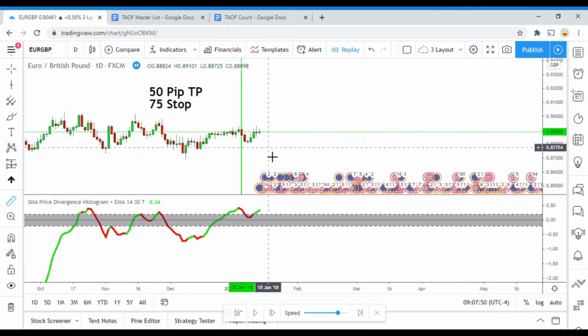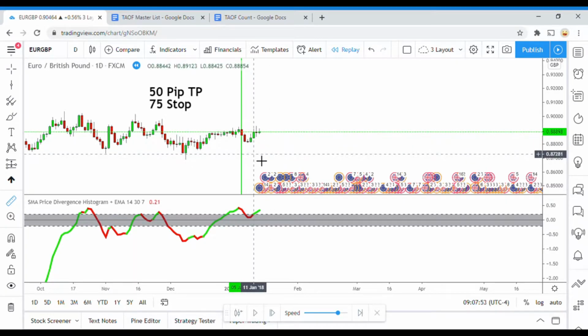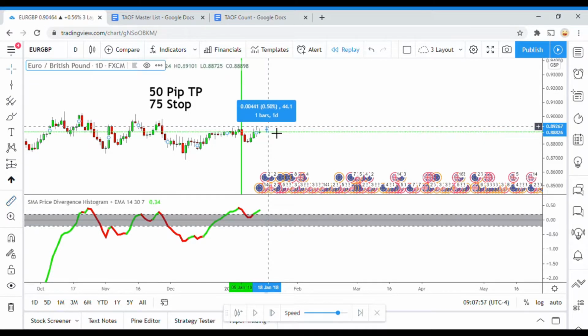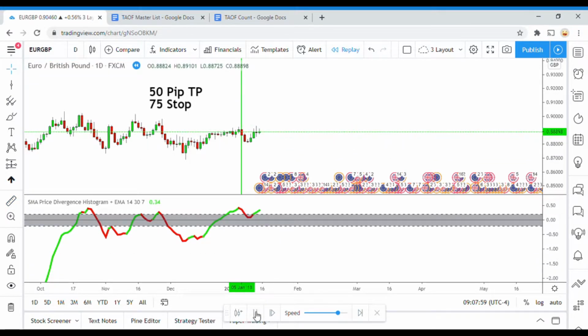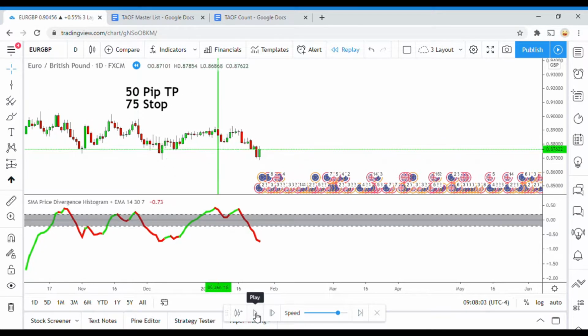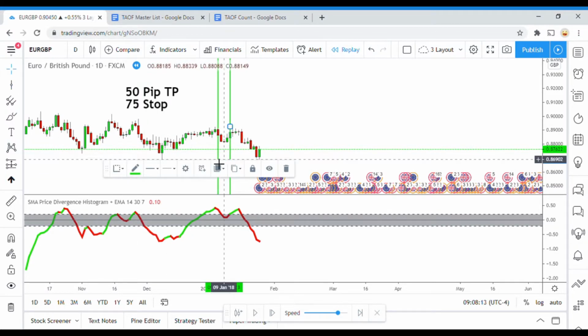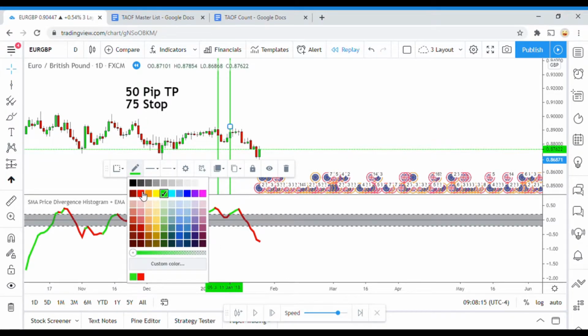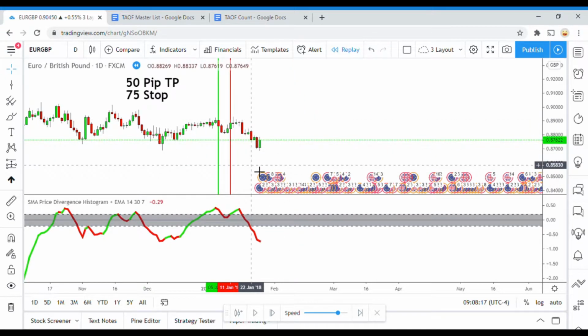And then it gave us another signal here. It looks like when it did so, it was outside the choppiness. Let's play it forward a little bit and see. Nope, unfortunately. That one would have been a loss there.